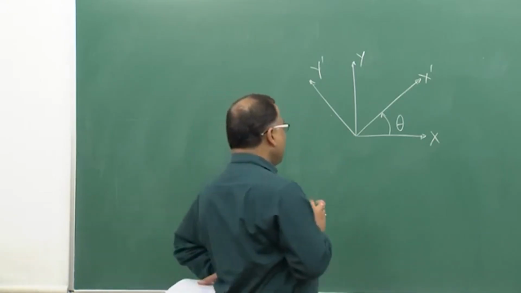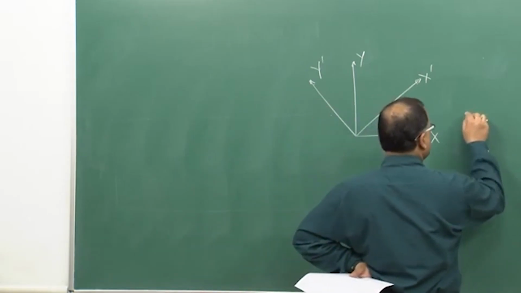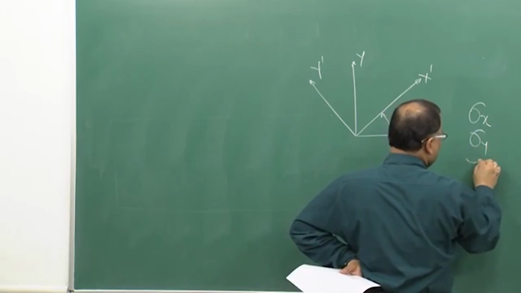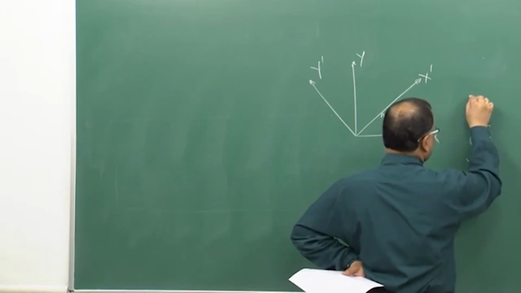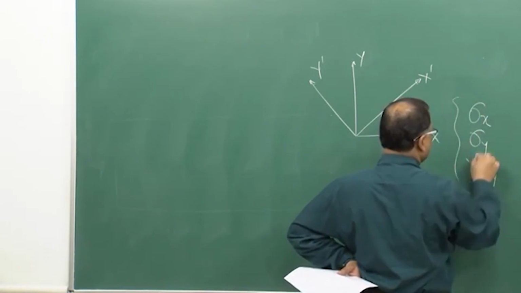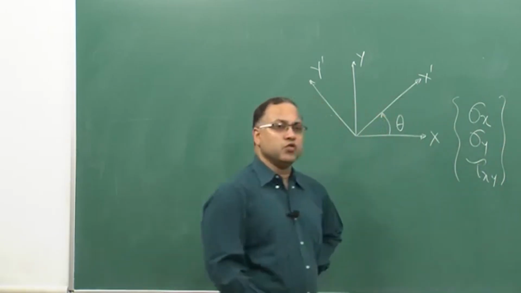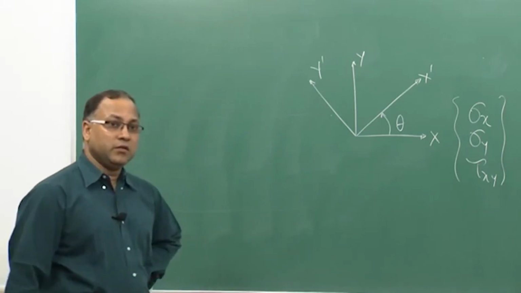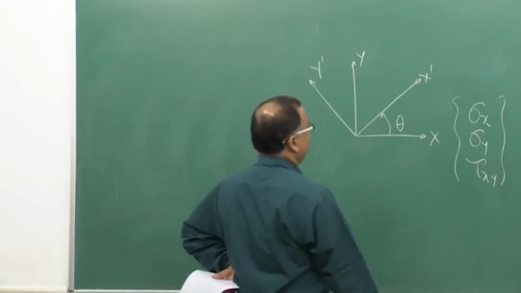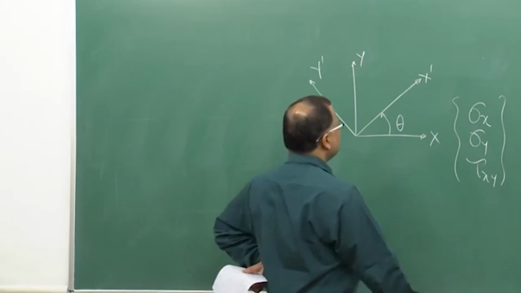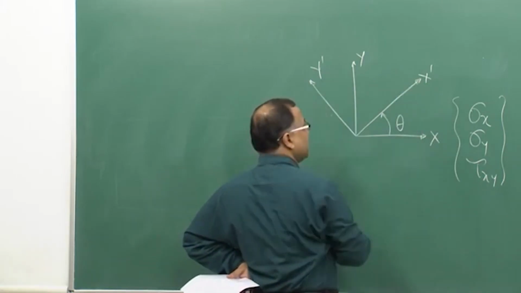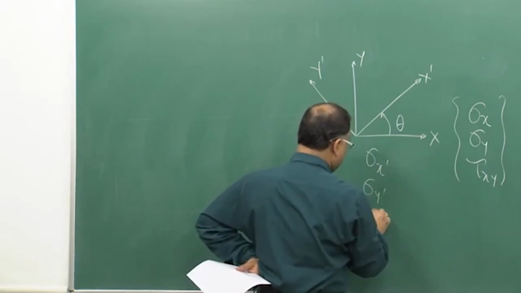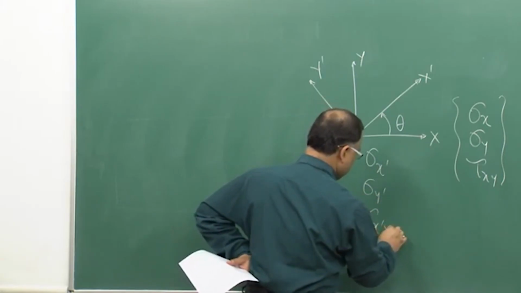Now, I know the state of stress in the xy coordinate system, that means I know sigma x, sigma y and tau xy. So, this is known to me. If that is known, can I find out the state of stress in the x prime y prime coordinate system, that means sigma x prime, sigma y prime and tau x prime y prime?